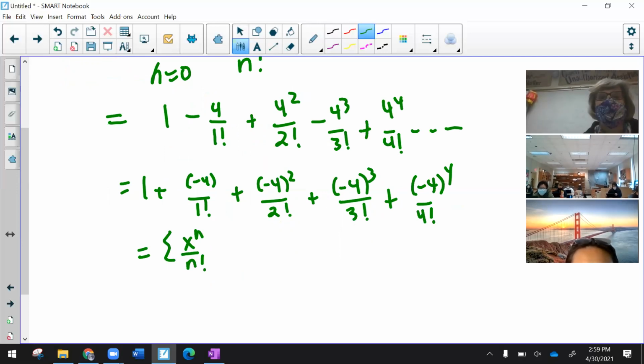And what is that? It's e to the x. So this is really going to be e to the negative 4.